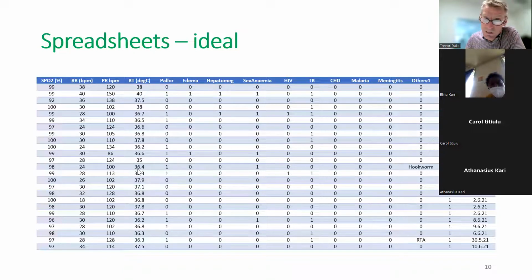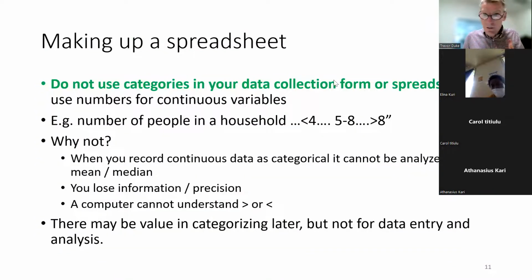Continuous variables were measured in single units of measurement, just in numbers, etc. So saturation measured just, again, no decimal places for saturation because the pulse oximeter doesn't tell you that. So it's simply just an analyzable spreadsheet.